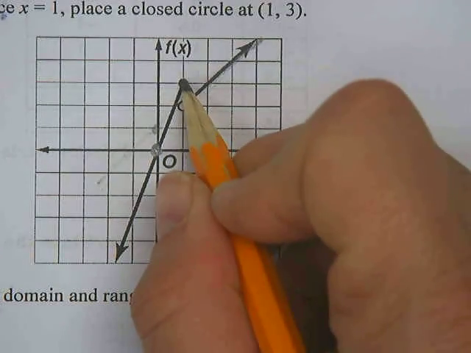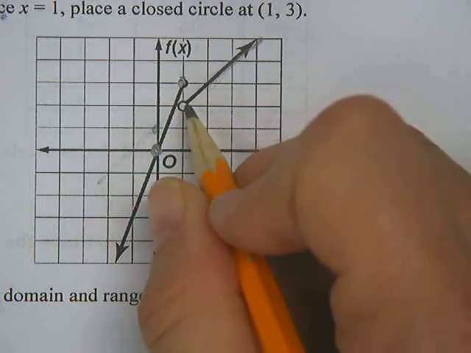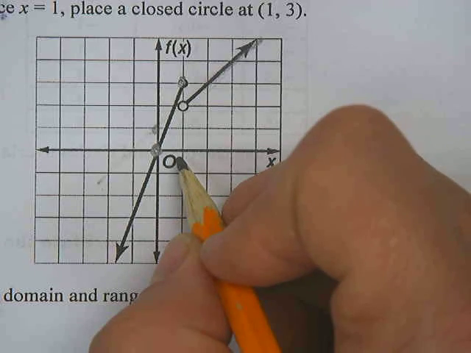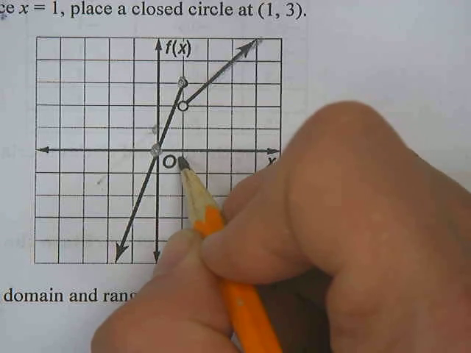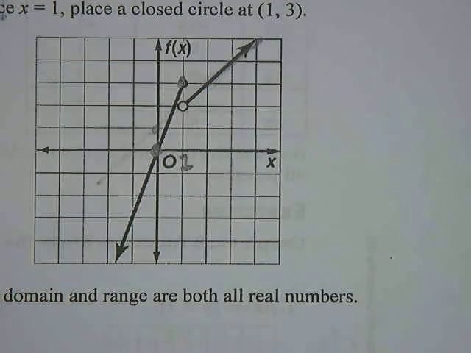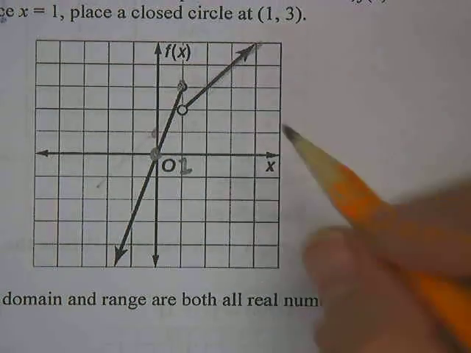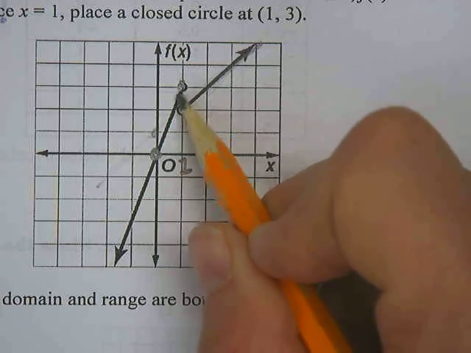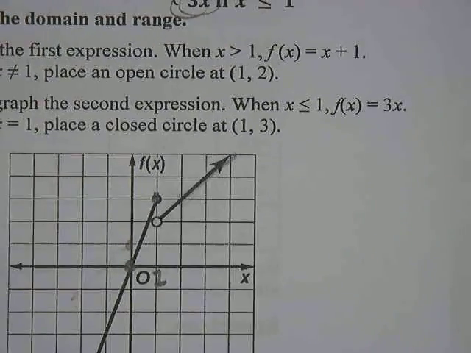Since it says equal to 1, we want to put a solid dot on this graph, because a function can only be defined for every x value, so the x value of 1 can only have one dot on it. Otherwise, it's going to break the vertical line test for functions. So it's an open circle here, closed circle here, and this is called a piecewise linear function.